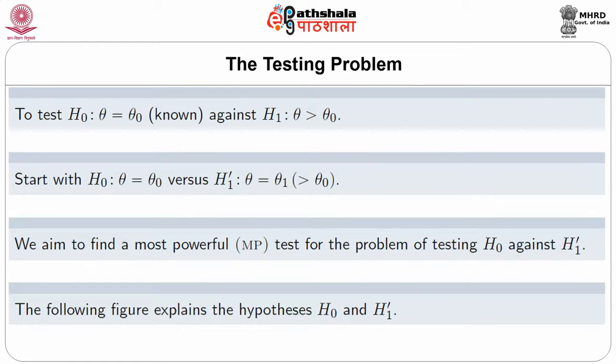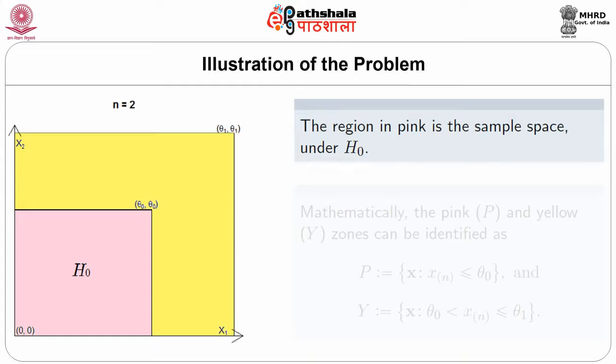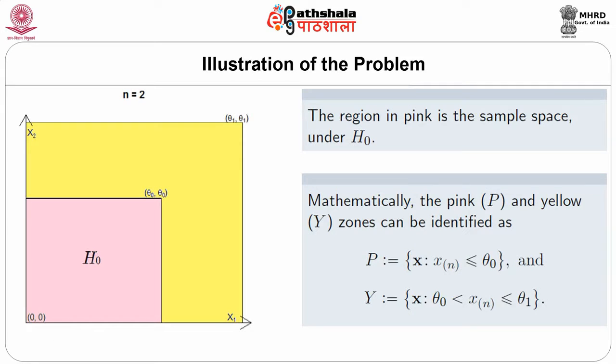The following figure explains the hypotheses H0 and H1'. So n is 2 here, so X1 and X2. You see the region in pink is the sample space under H0.